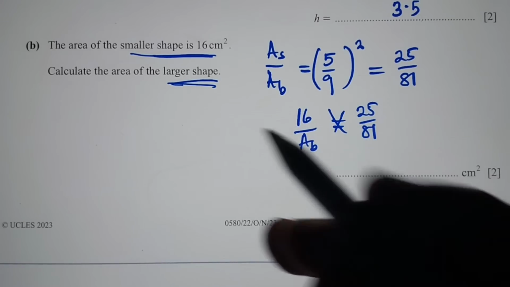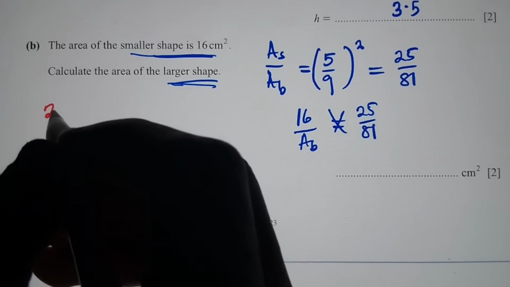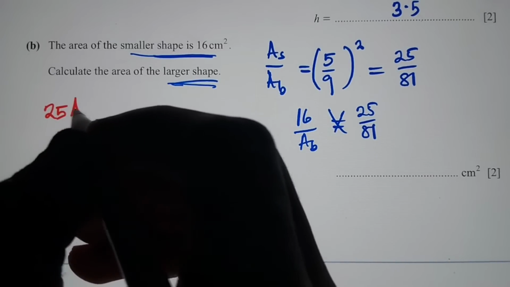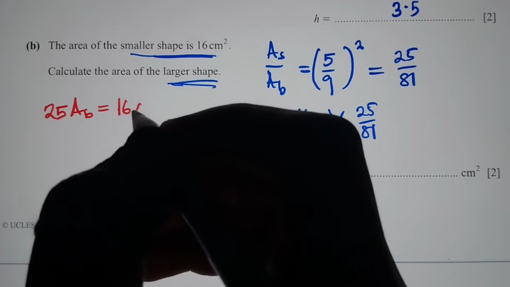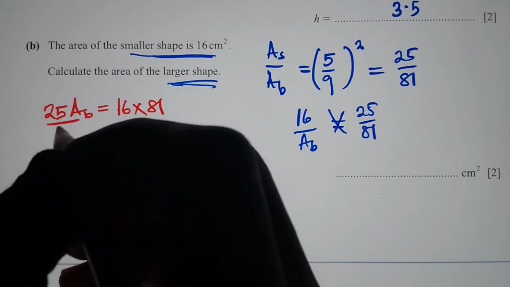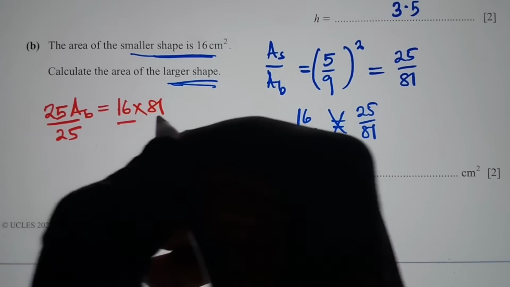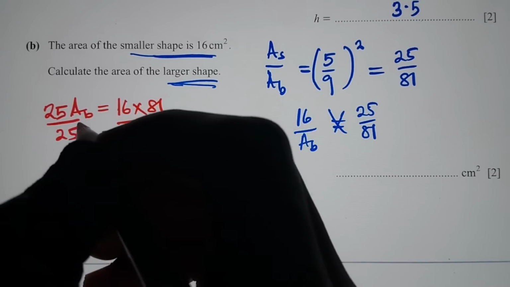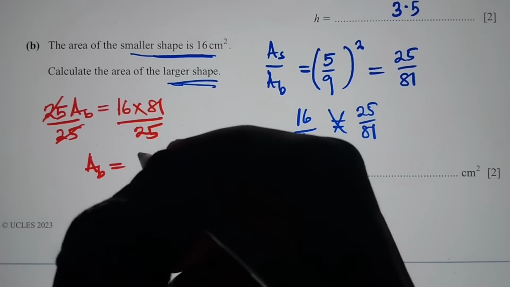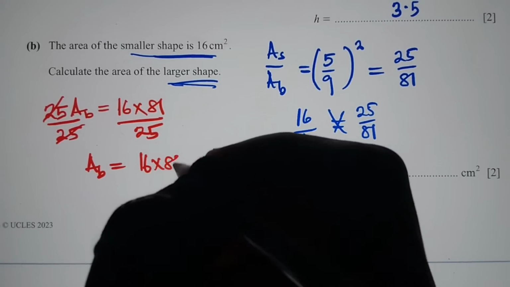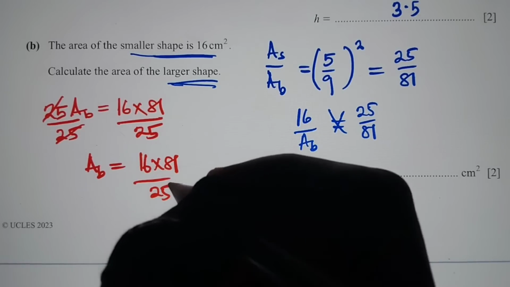So if I cross multiply, I'll have 25 AB is equal to 16 times 81. Divide both sides by 25. So this gives us AB is equal to 16 times 81 over 25.